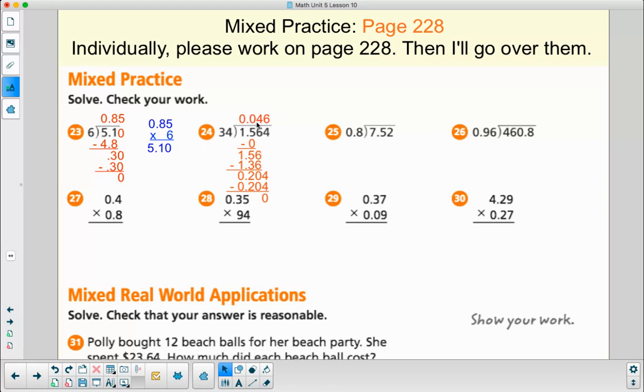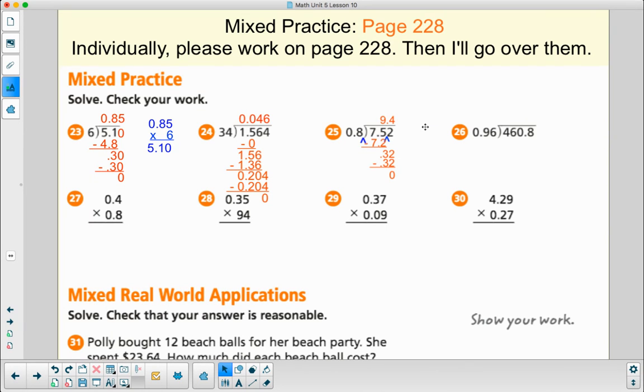24. All right. I came up with 46 thousandths. And there's my work. Is it reasonable? Sure is. 25. I had to multiply both of them by 10, and I ended up with 9 4/10.